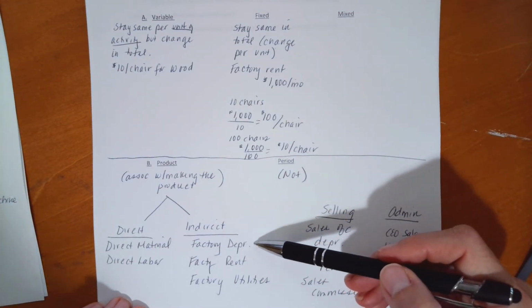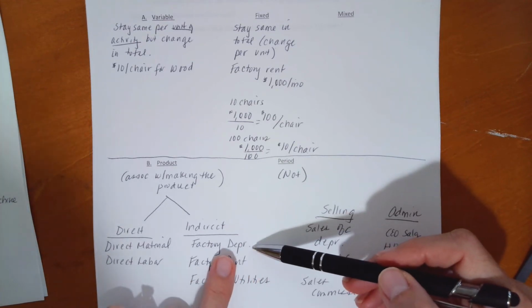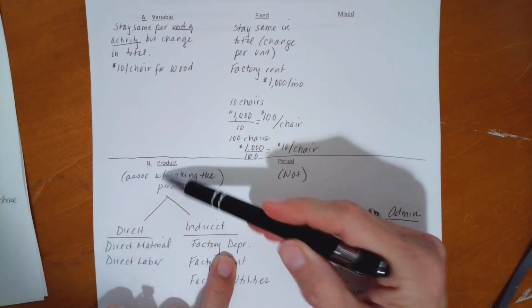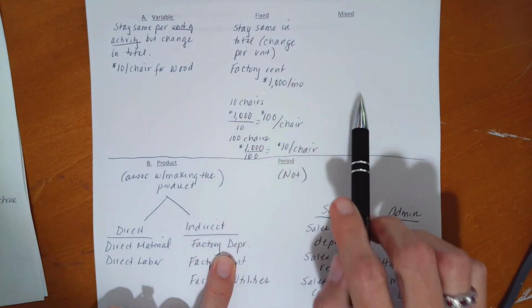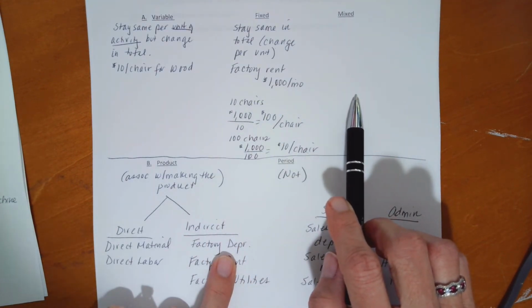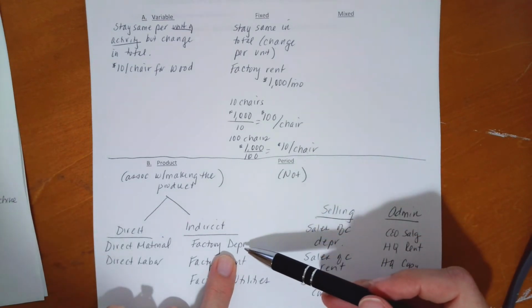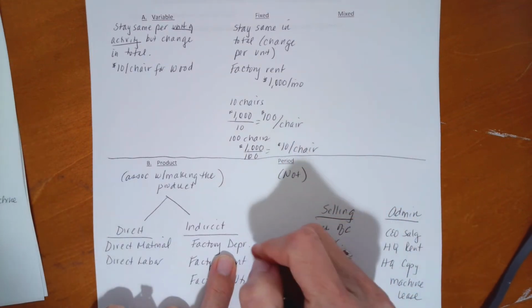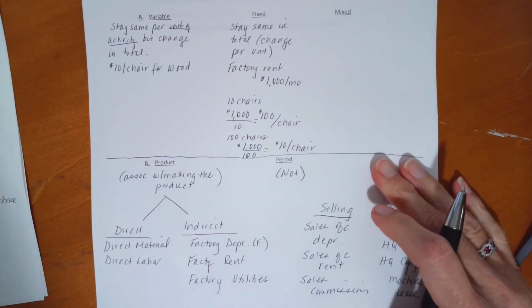How about factory depreciation? If we go the other way, factory depreciation is an indirect product cost. Do you think it's variable, fixed, or mixed? Right. Generally speaking, we're going to consider it fixed, right? Our depreciation amount is not going to change depending on how many units we produce. Right, this would be a fixed cost.